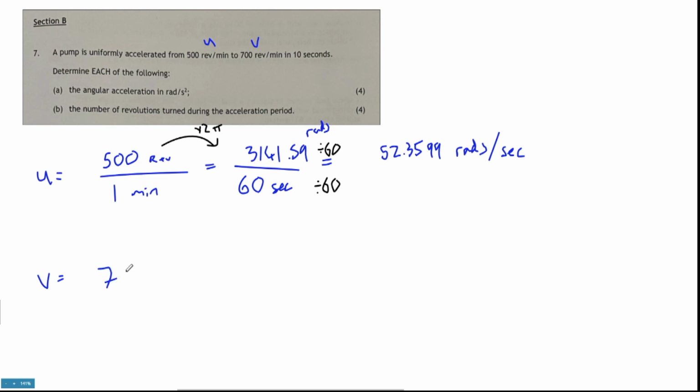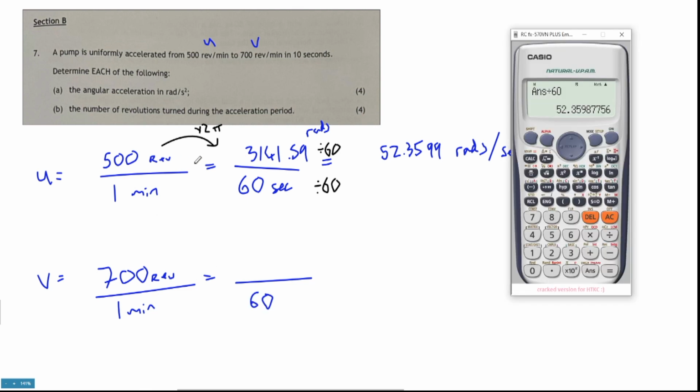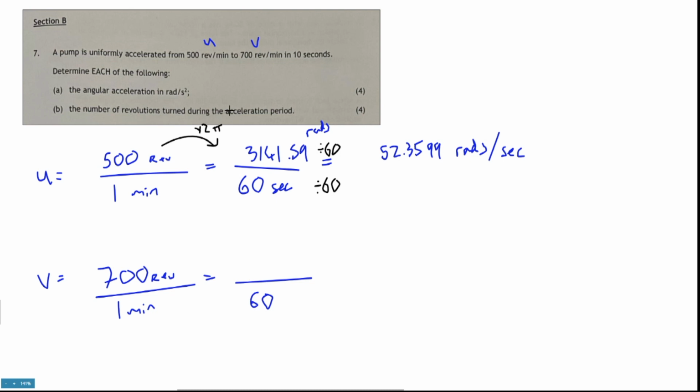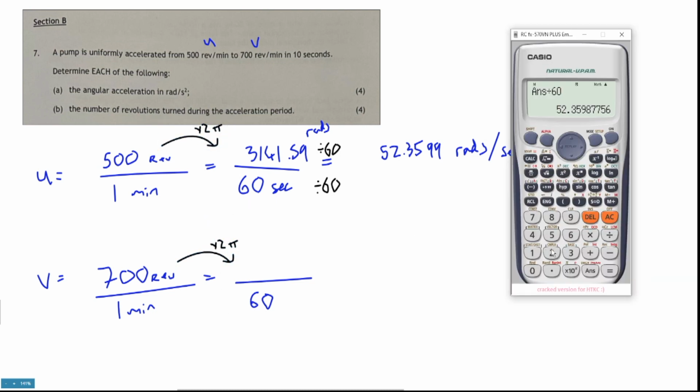It's going to be 700. We're starting with 700 revolutions per 1 minute, and we're going to swap this out into 700 revolutions per 60 seconds. Of course, we multiply the revolutions by 2 pi, because that's how many radians there are in a full revolution.